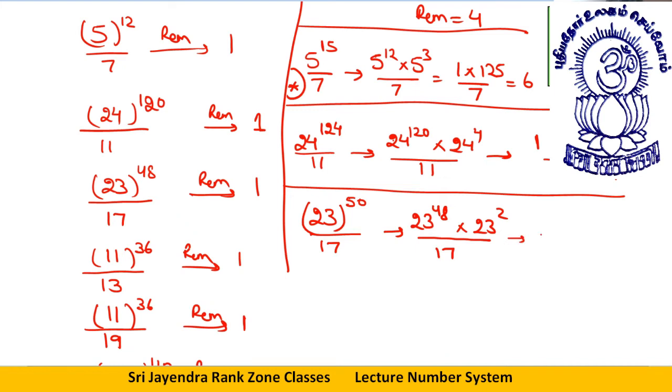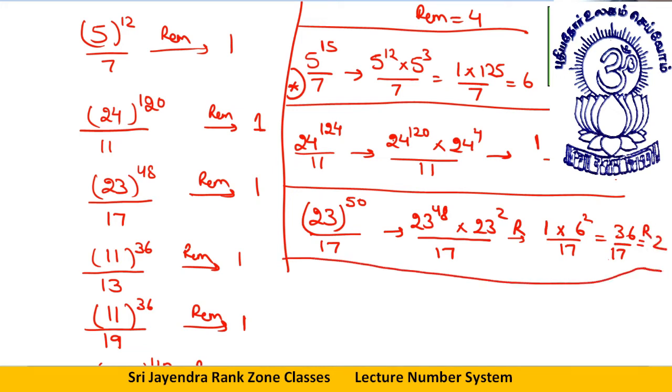This will give me a remainder of 1 into 23 square. Either you can directly do 23 square, or you can say 23 when divided by 17 will give me 6, so 6 square divided by 17, that is 36. 17 times 2 is 34, so it is divisible till 34, and the remainder will be 2. Okay, dear students.